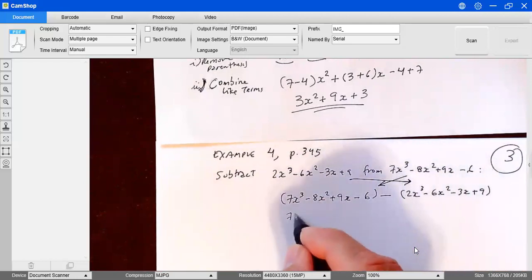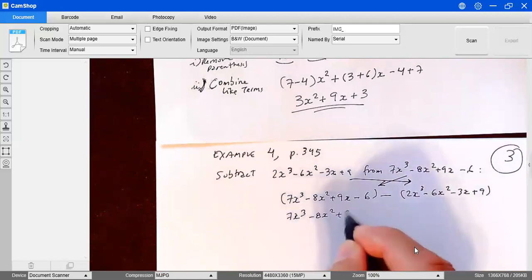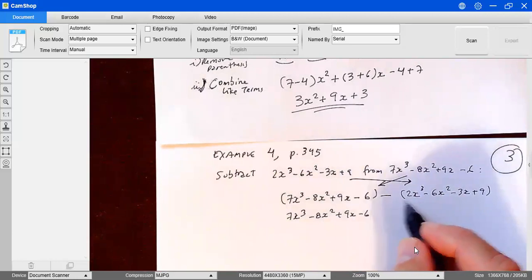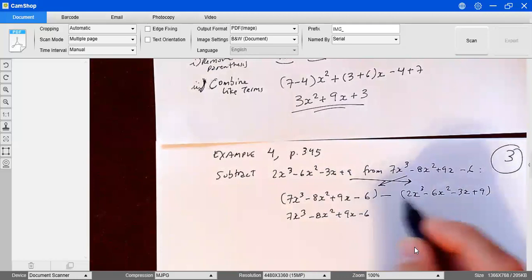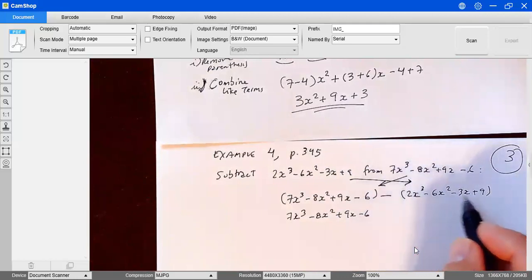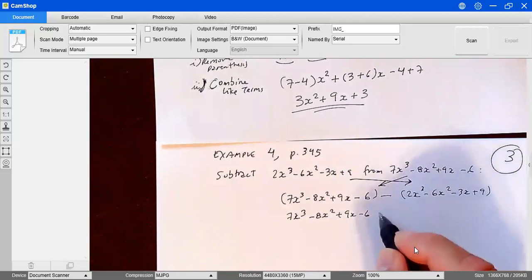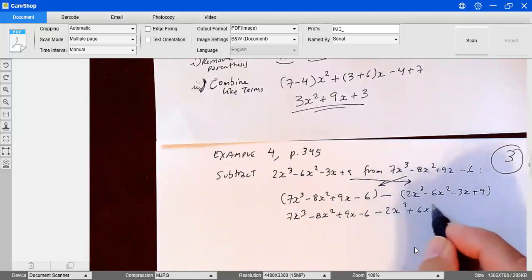So I'm going to write 7x cubed minus ax squared plus 9x minus 6. When we remove the second parenthesis, because we have a negative sign in front of it, we just need to change the sign of every term inside. So this positive 2 is going to become negative 2x cubed. This negative 6 is going to become positive 6x squared.